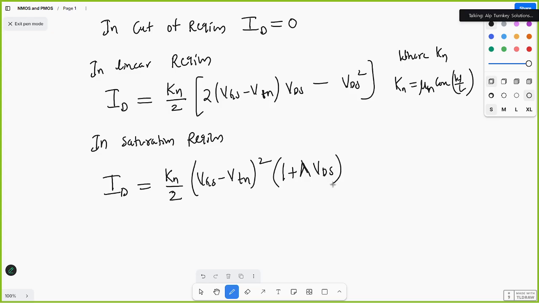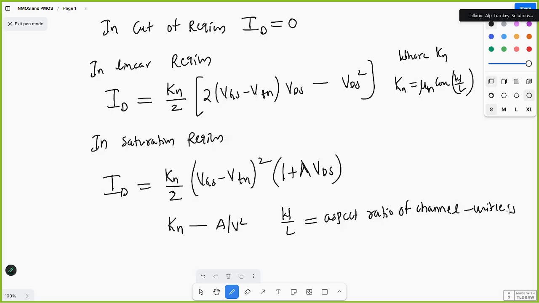If you are not considering it, you get only this one. What are the units for Kn? Amperes per volt square. And W by L is the aspect ratio, that is the width to length ratio of the channel, so this is unitless.